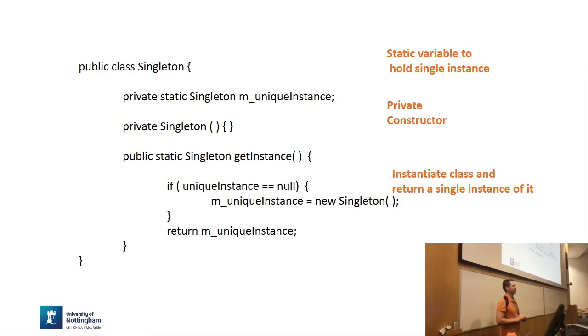In this version, it's only instantiated in this method called getInstance. So there's no explicit constructor that's generically available to the outside world.